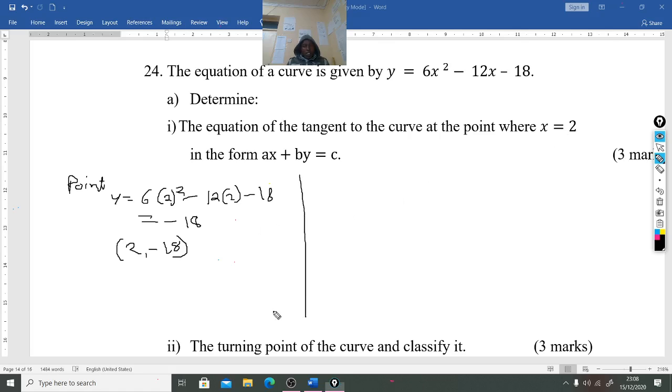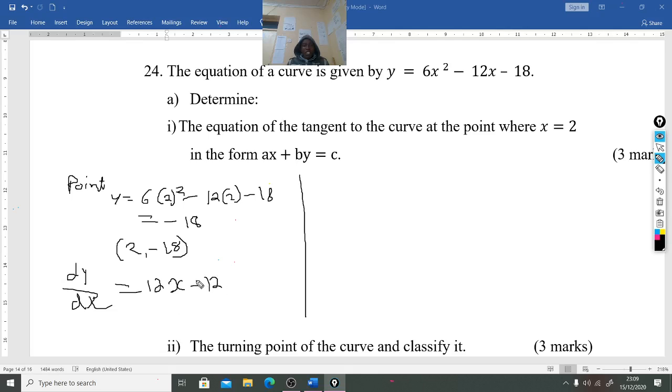So dy over dx: we differentiate, 2 times 6 gives 12x, and the power reduces by 1. Then minus 12x, 1 times 12 is 12, and the power becomes 0, and anything raised to power 0 is 1, so it is minus 12. So dy/dx equals 12x minus 12.